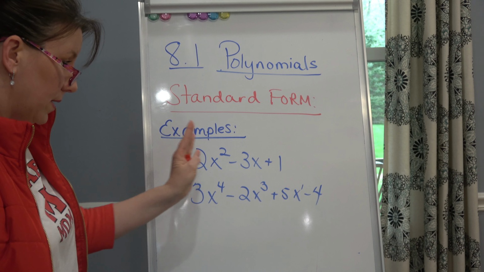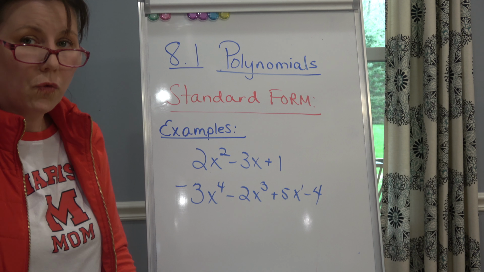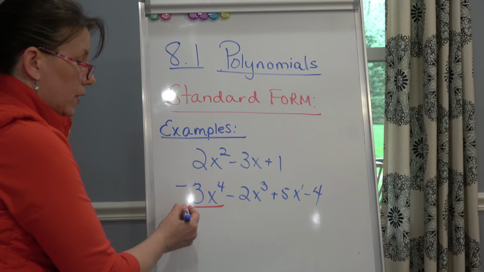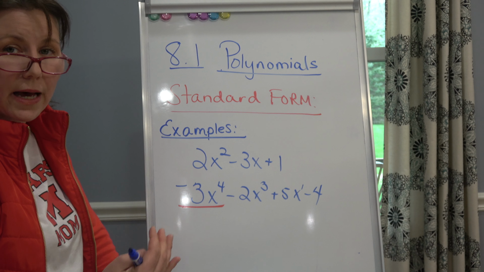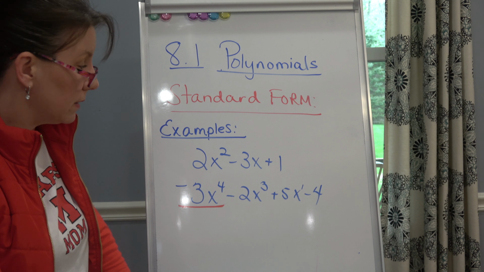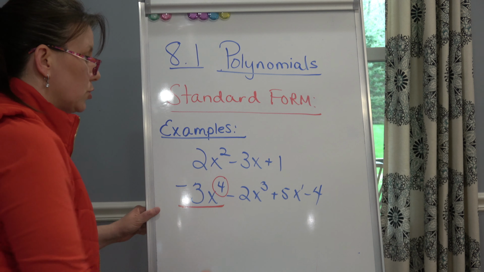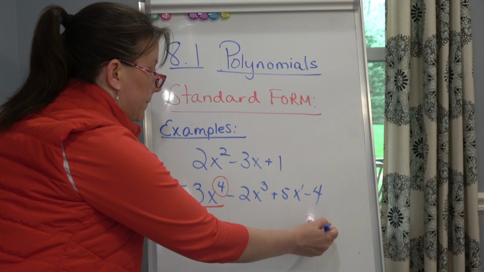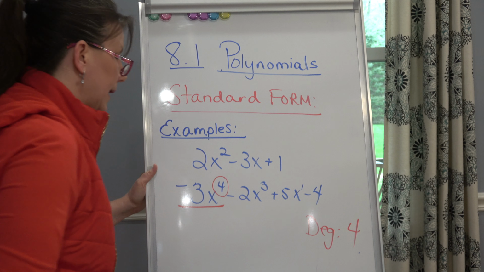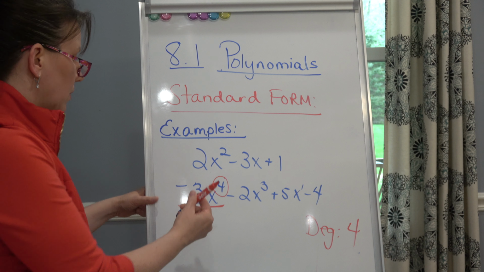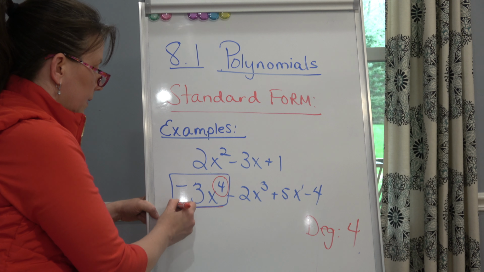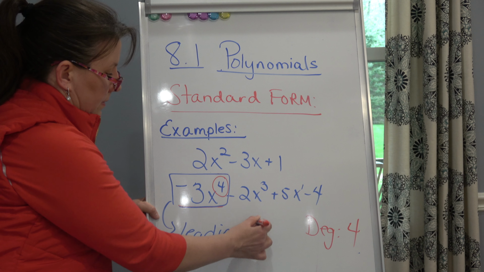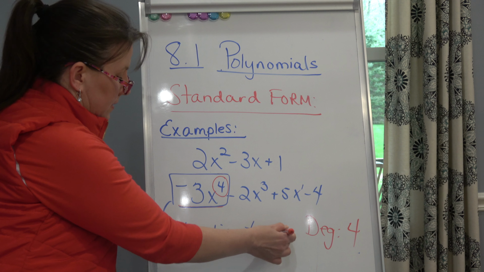So you want to have polynomials in this standard form, and this first term, the term with the highest degree, tells us a lot about the polynomial. It tells me that it is a degree 4 polynomial. And this term right here, the whole term, is called the leading term, which makes sense, because it's the first term.